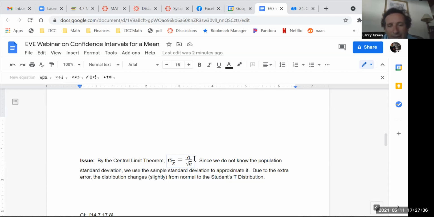He realized that he'd do a 95% confidence interval, but he wasn't getting it right 95% of the time, which he should. He was getting it right a little less. And the reason is we use S instead of sigma, and we don't know sigma. So there's going to be an extra error. Does that make sense? There's an extra error in using S for this sigma sub x bar.